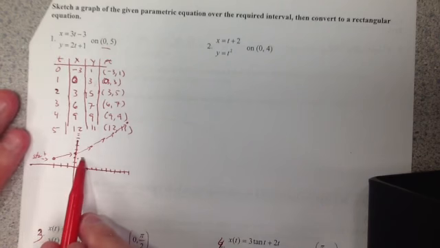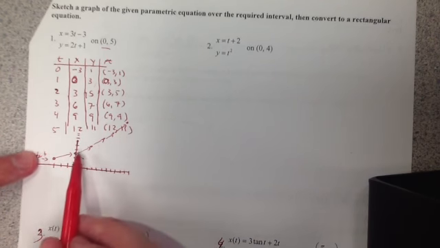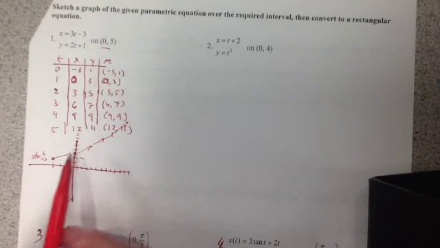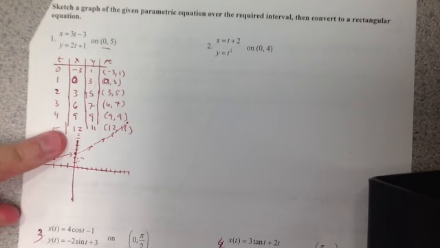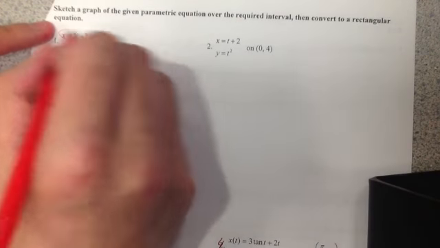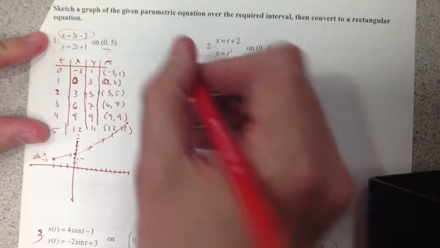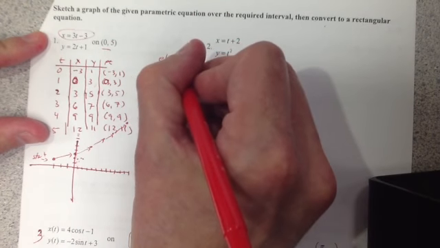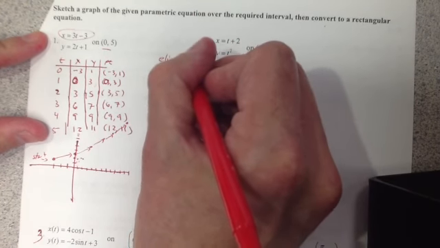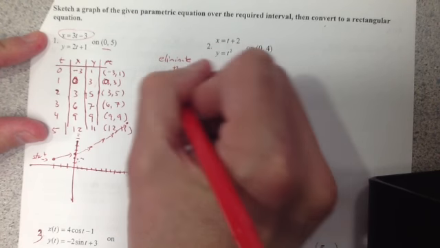I don't know what that looks like, but we can kind of figure it out. Let's find out what shape this is. Let's convert this. Now, to convert, we're going to pick one of our variables, preferably the x one, to solve for t. This is called eliminating the parameter. That's what we're going to do right now to convert.